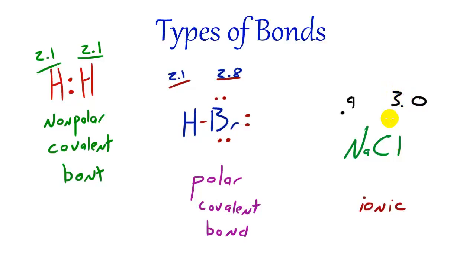So whenever one element is so much stronger than the other element, then it could actually cause an electron from the sodium to pop over and hop right on top of that chlorine. So it can actually steal an electron if that force is strong enough.